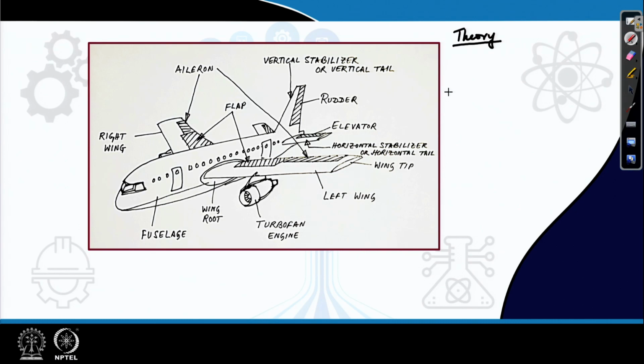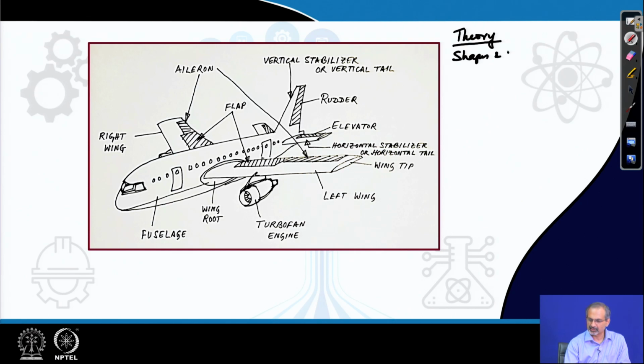So, we have looked at different kinds of shapes and surfaces, and from a figure like this it is very clear that a typical passenger aircraft has so many different shapes and surfaces involved in the entire geometry, and they have to be deflected, they have to be controlled, etc., to make the aircraft fly appropriately along its trajectory and complete its mission.